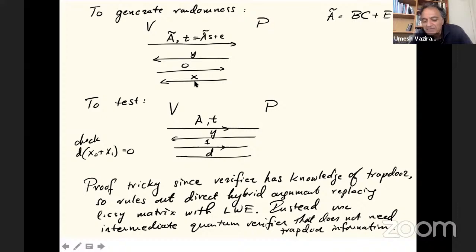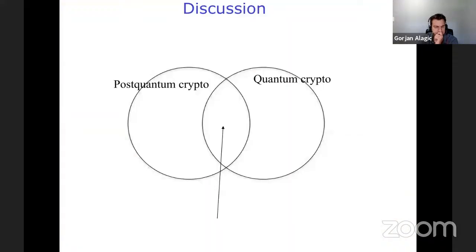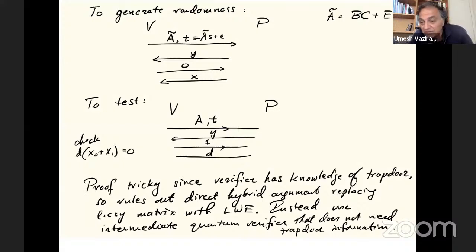Okay. Right. Actually, in the previous protocol, the conjecture would be that Y itself has theta of n bits of entropy. Right. We really don't know how to prove that.